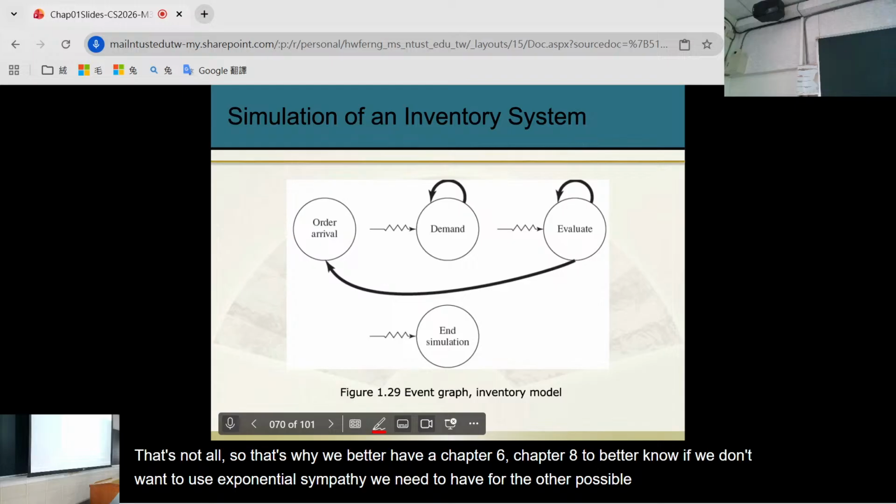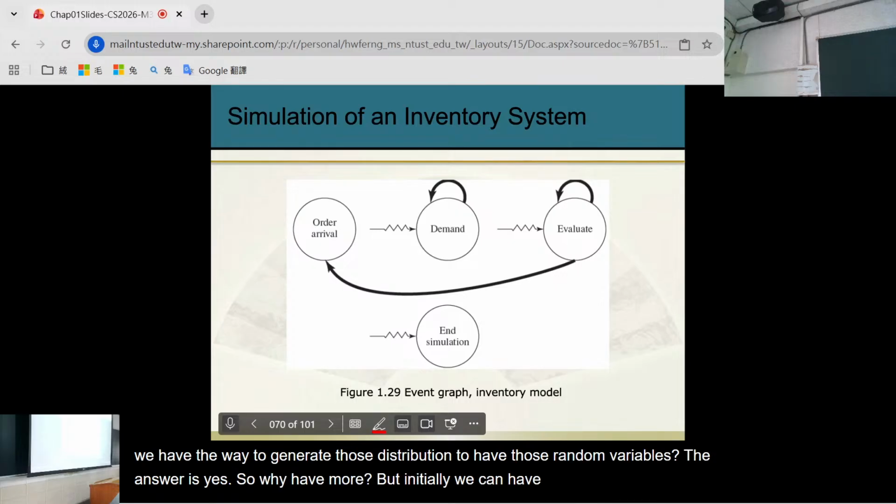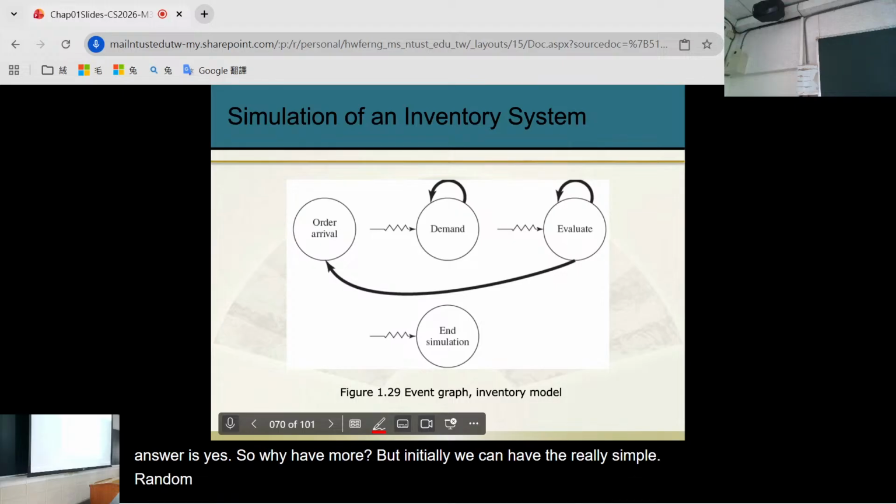Can we generate those distributions to have those random variables? The answer is yes, so we will have more. But initially, we have a really simple random system for the current simulation for M1. As for the other possibility, you can have your own system. It's possible.